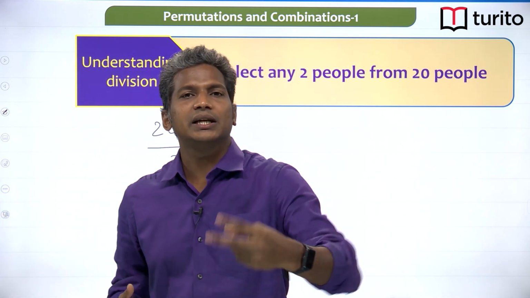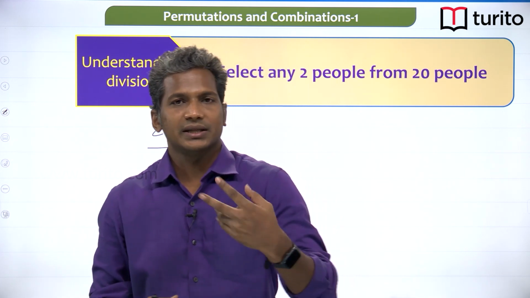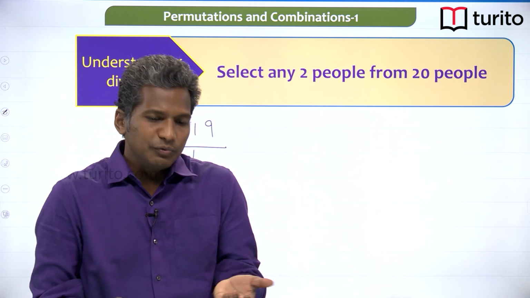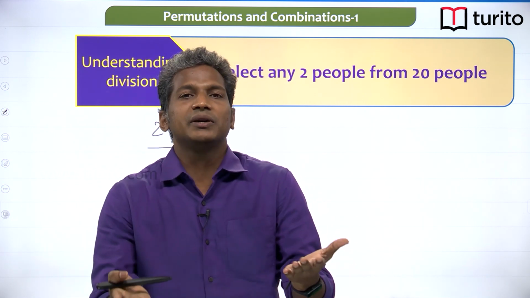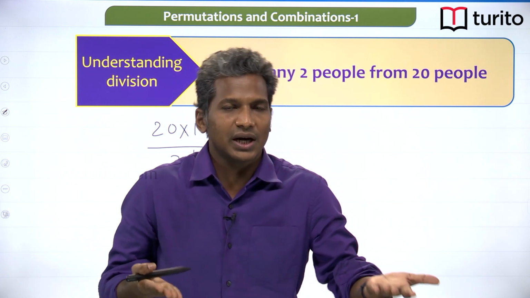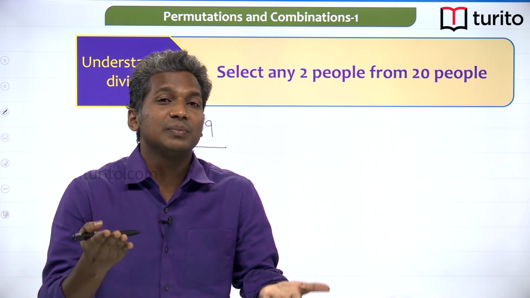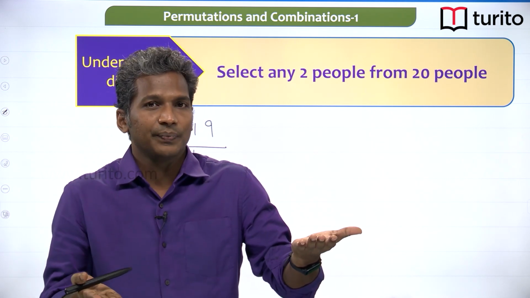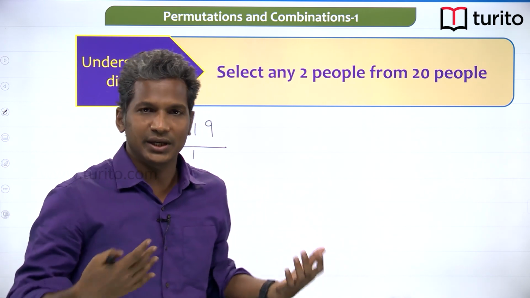I said I will select 2 people and I will treat them with paradise biryani. Now, if both persons are eating paradise biryani, there is no difference between the first choice and the second choice, right? Both are getting the same food. So, both choices are actually symmetric. So, we can divide with the symmetry.